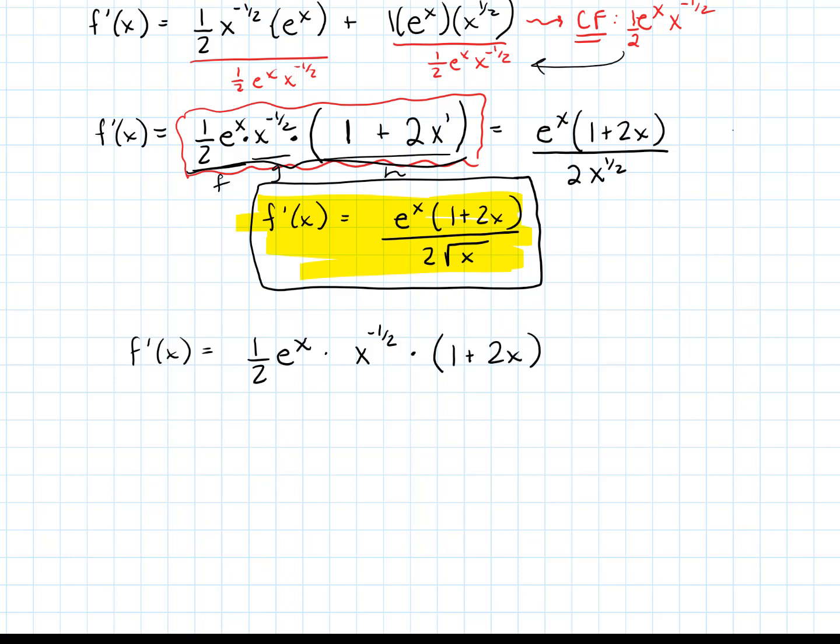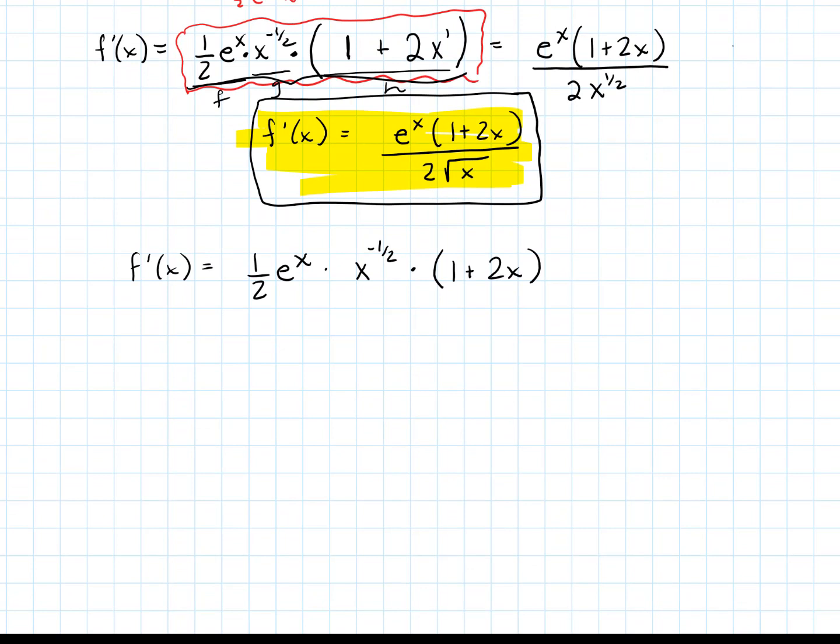We actually have to think about this repeatedly. This is like an f times, let's call this g to start off, but then when we take the derivative of g, we have to think of it like 2 functions in and of itself. We could call those f2 and g2.